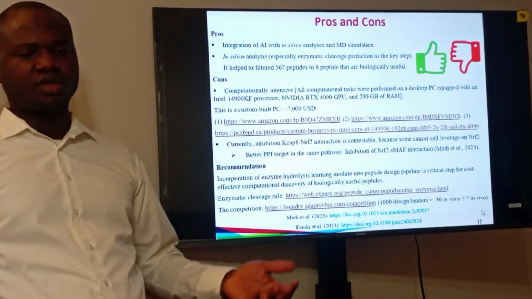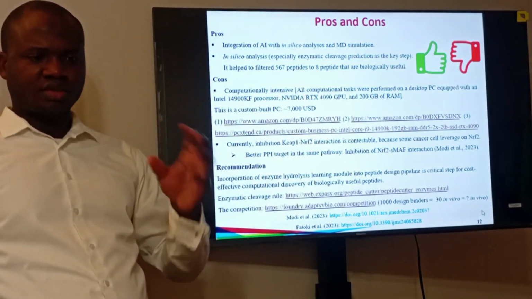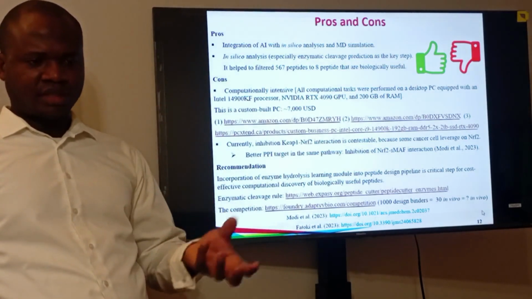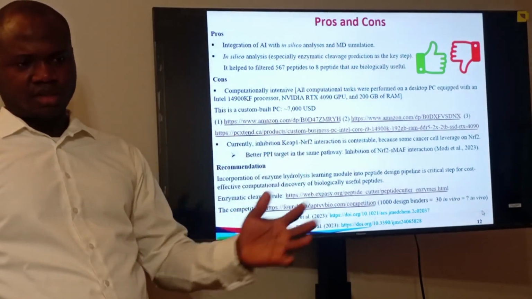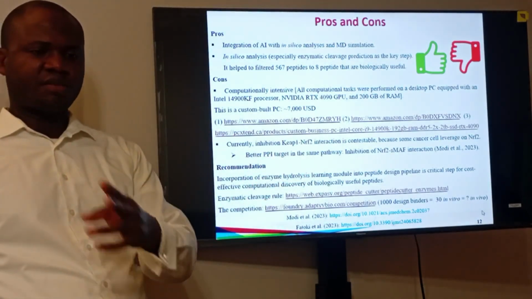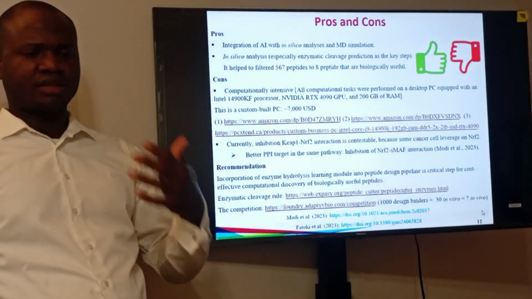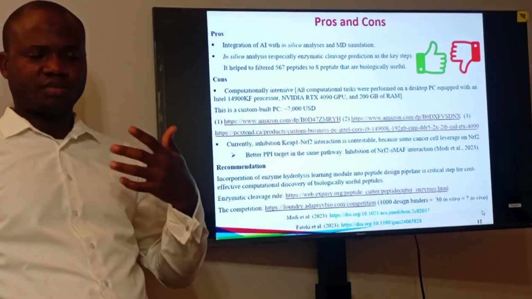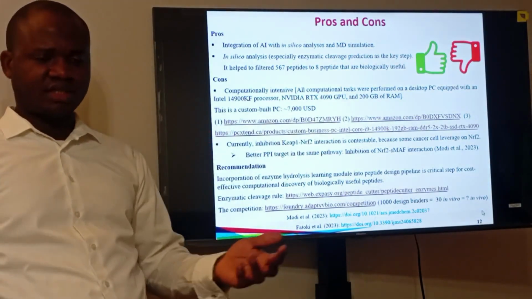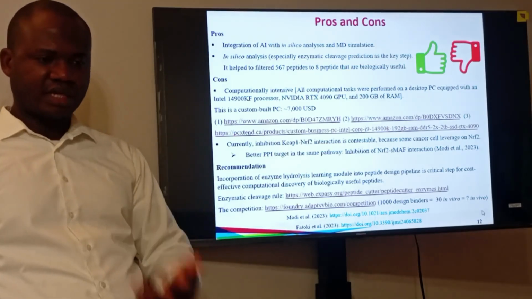So it's better to turn the situation around, where you design an algorithm that incorporates enzyme hydrolysis, that is, the effect of proteolytic processes on this particular peptide, into the model, so that all the expenses you have incurred will give you a very important, biologically relevant outcome.